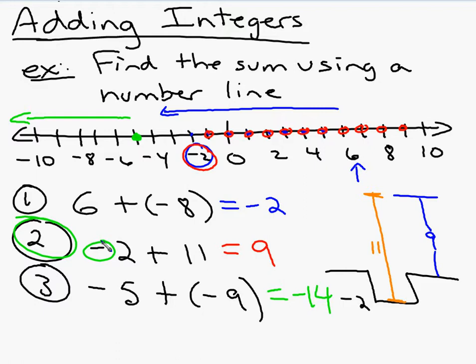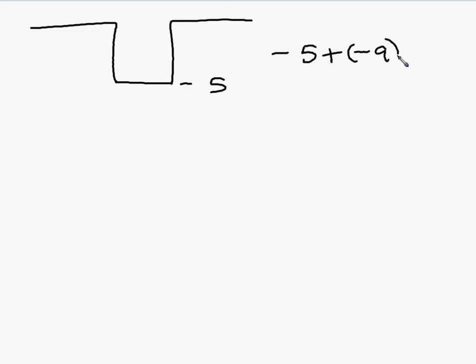Let's look at number 3 with the hole illustration. And yes, I want you to put this in your notes. If I have a 5-foot hole, that's like negative 5. 5-foot hole. Okay, now remember what our problem was. Negative 5 plus negative 9. That was our problem. I have a 5-foot hole. If I add a negative 9, would I be digging the hole deeper or throwing in dirt?